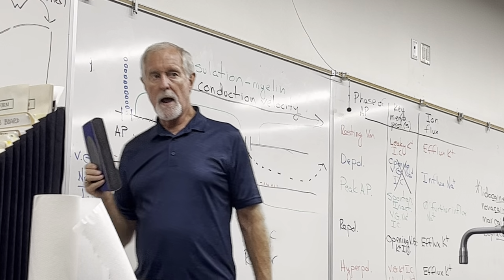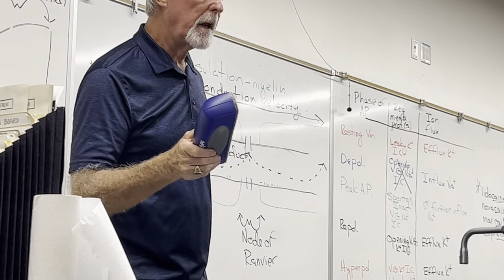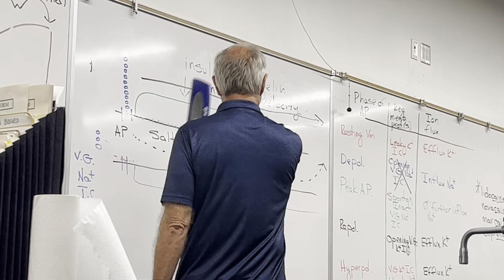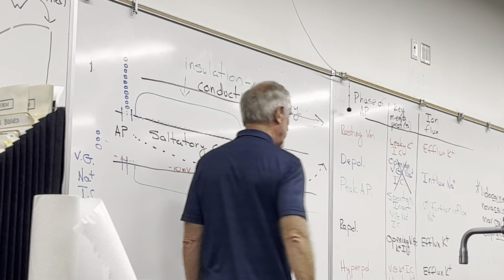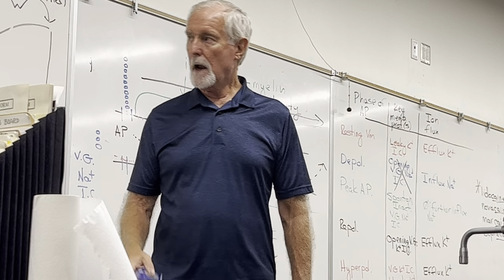So what we're talking about is the propagation, the speed at which the action potential is propagated down along the length of the axon.